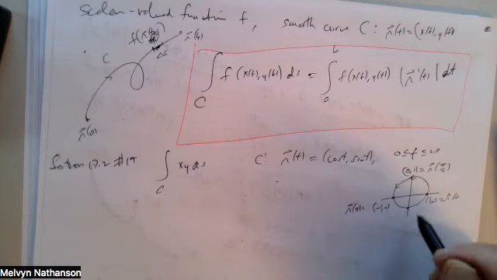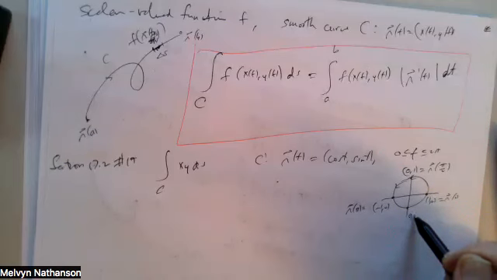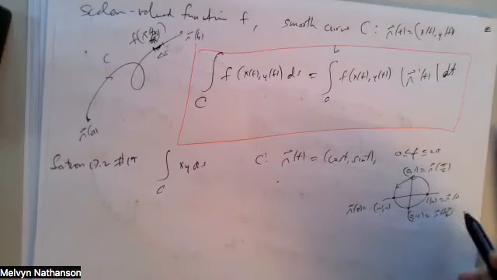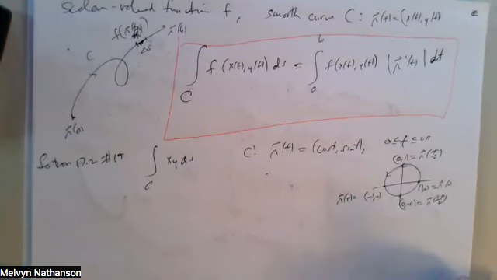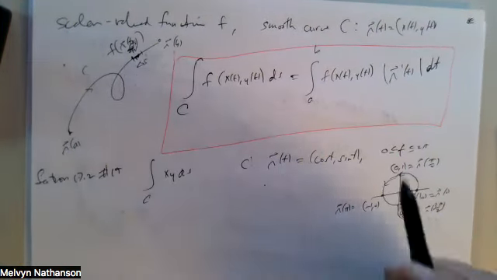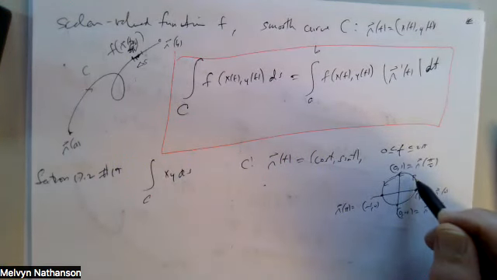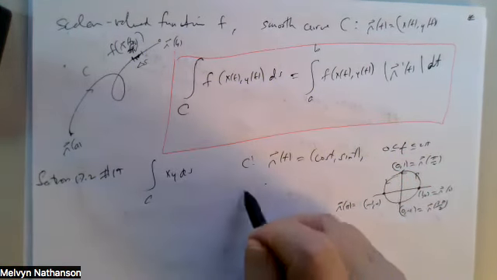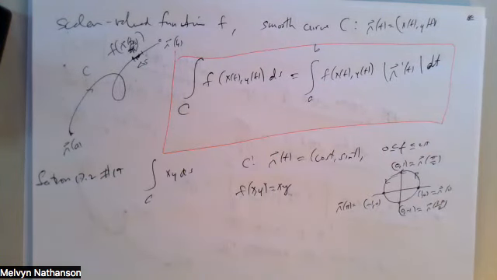When you get to 3 pi over 2, you're at the point 0, minus 1. So as t goes from 0 to 2 pi, you're starting at the point 1, 0, and you're moving around the circle. And my scalar function that I'm integrating is f of x comma y, it's just x times y.